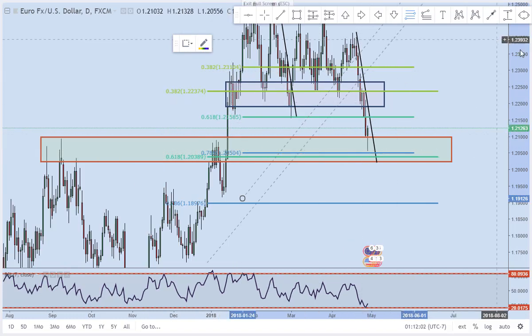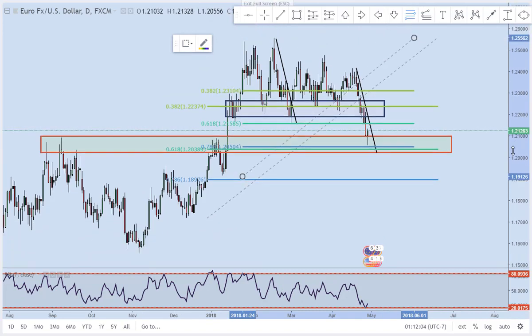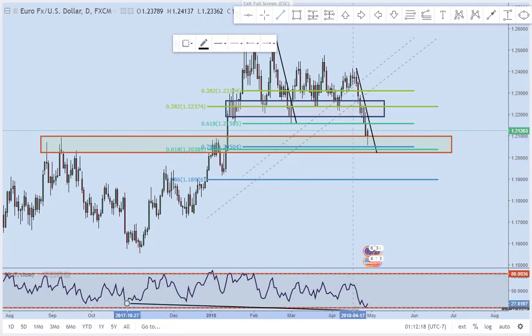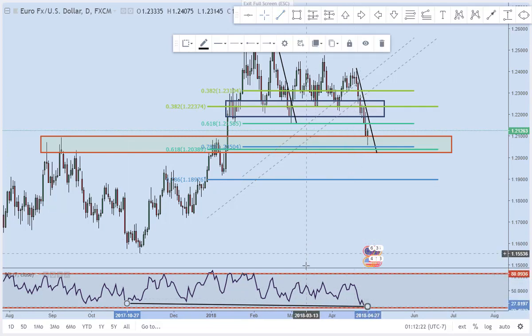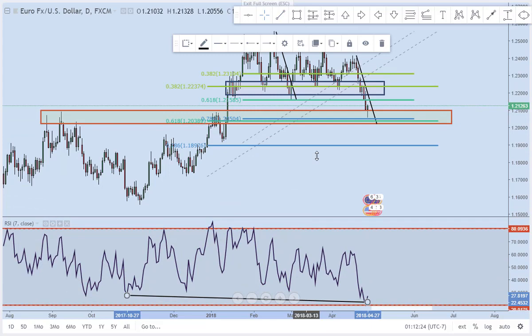So finally, the last thing that I see on my daily chart, and which is the most important for me, I give it a lot more significance, is that look at our lowest low. This is the lowest low of the price action. And look at our RSI. If I put it where price action is currently at, what is happening? Take a look at it.